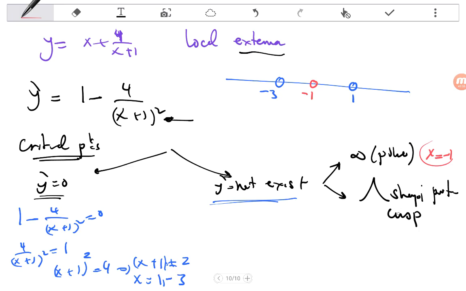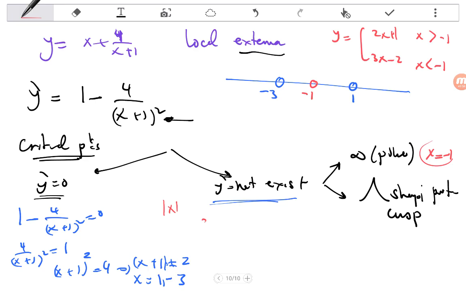Do you have sharp points or cusp points? These are obvious from absolute value functions, or from other functions when we describe a function like this. We tell you, for example, y is equal to 2x plus 1 for x greater than -1, and for x less than -1 it will be 3x minus 2.